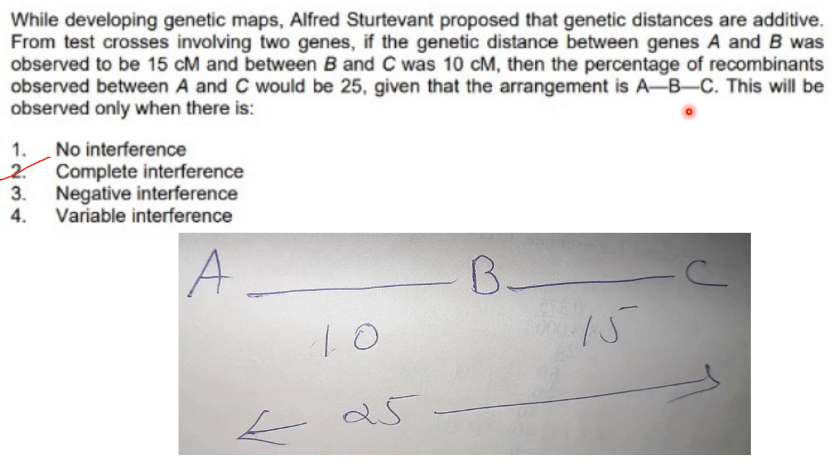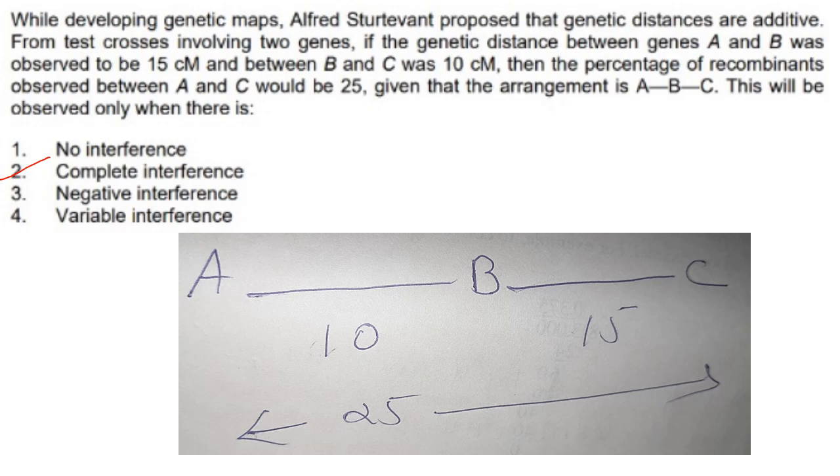Given that the arrangement is ABC, this will be observed only when there is complete interference. So you will get an additive nature of genetic distances only when there is complete interference. So what is interference? If there is a crossover at one spot of the chromosome, this decreases the likelihood of a crossover at a nearby spot. That is called interference. Now, complete interference means double crossovers will not be observed.